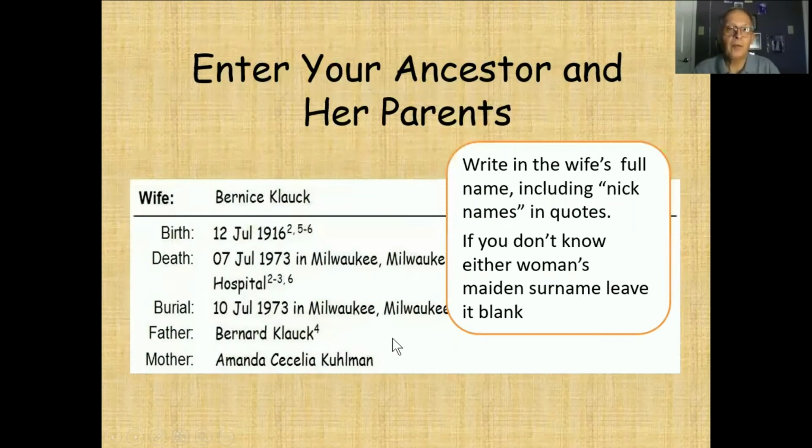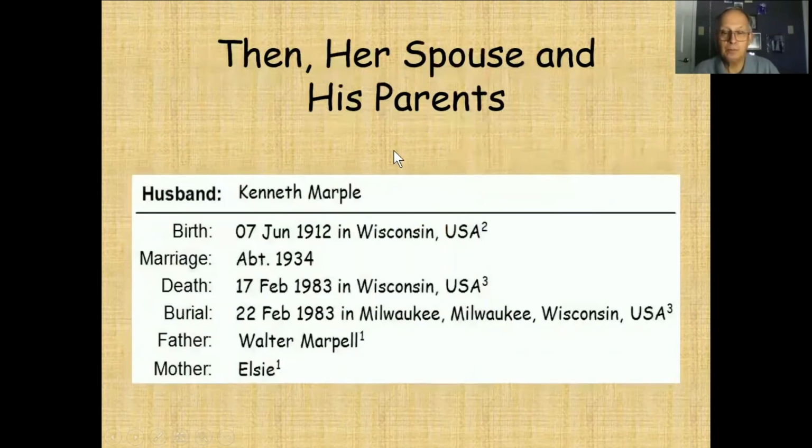Write in the wife's full name, including nicknames. If you don't know either woman's maiden surname, leave it blank. In this case, I was lucky in finding that. And then the spouse. Kenneth Marple, if you're Agatha Christie mystery fans, he was a detective for the Milwaukee County Sheriff's Department.